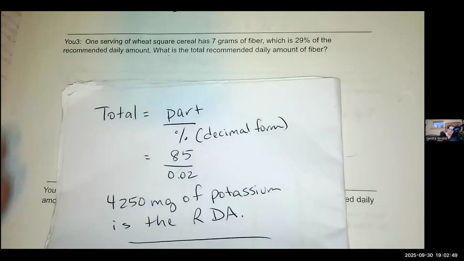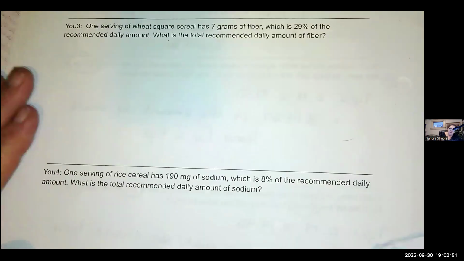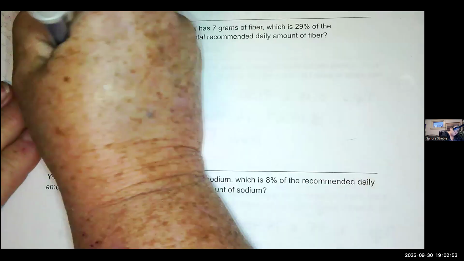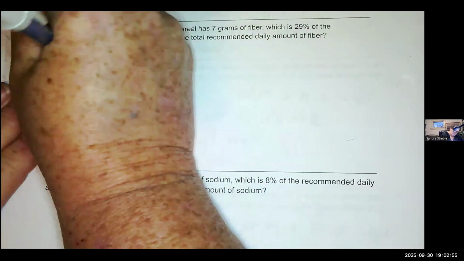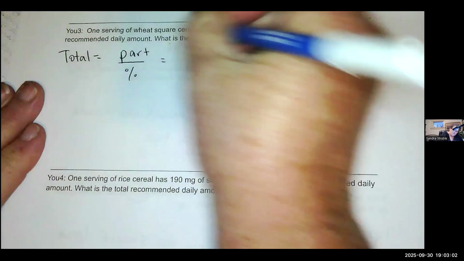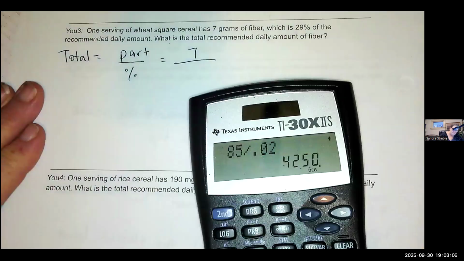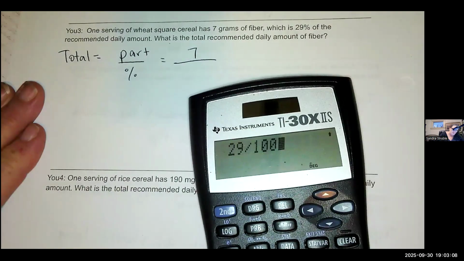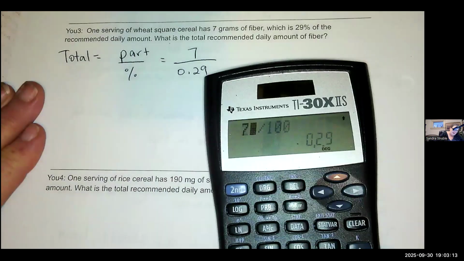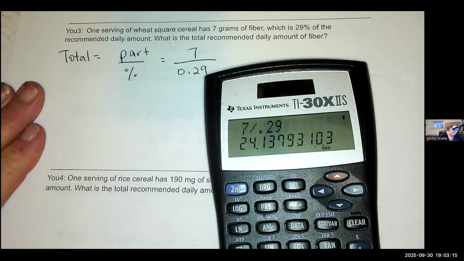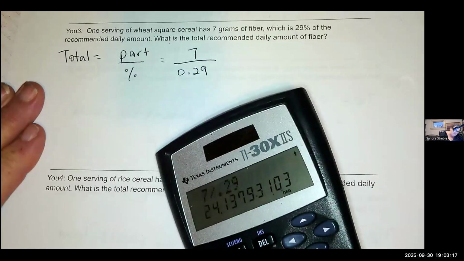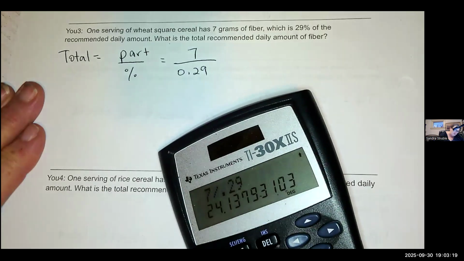So you're going to have to divide it by 100, and then you'll get the total amount of fiber. Pause the video. Okay. For the rest of you, we're going to go total is equal to part divided by percent. Part is 7 grams. Percent is 29 divided by 100 is 0.29. And then 7 divided by 0.29 is 24.